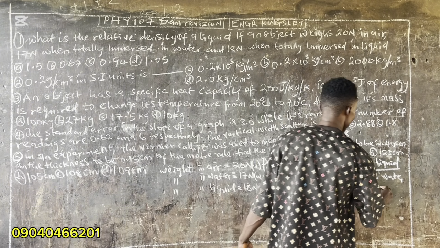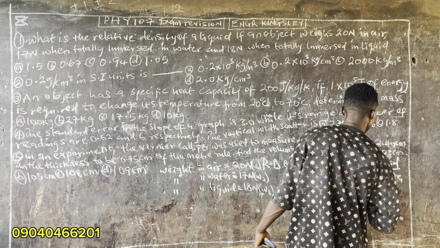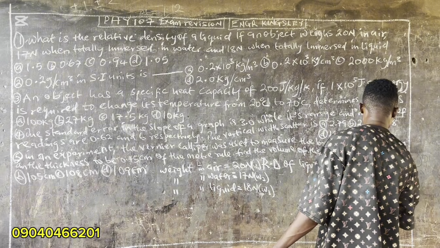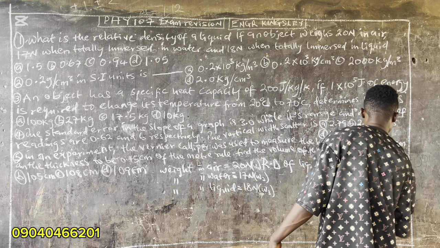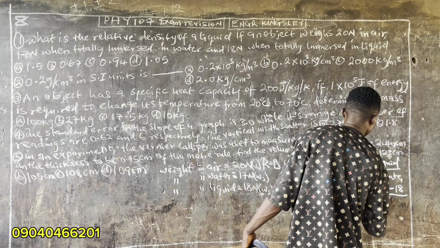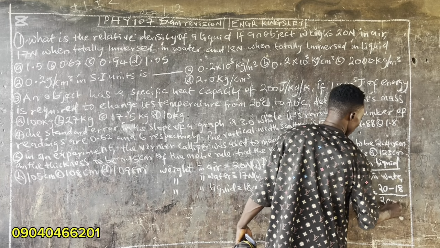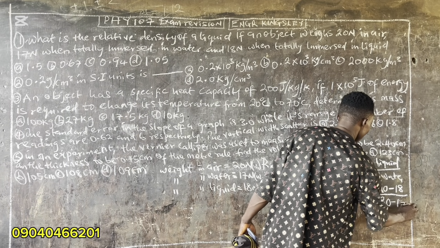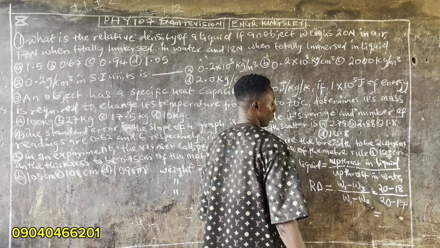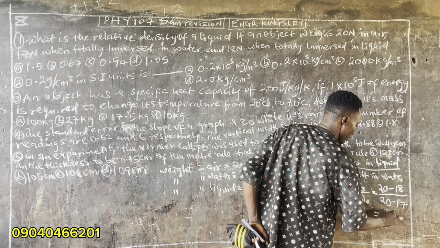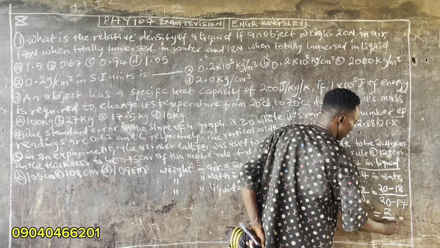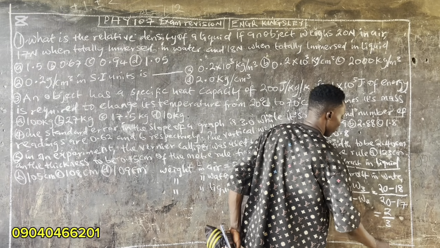W1 is 20 Newton minus W3 is 18 Newton, all over W1 is 20 Newton minus W2 is 17 Newton. So moving on, 20 minus 18 will give us 2 all over 20 minus 17 will give us 3.